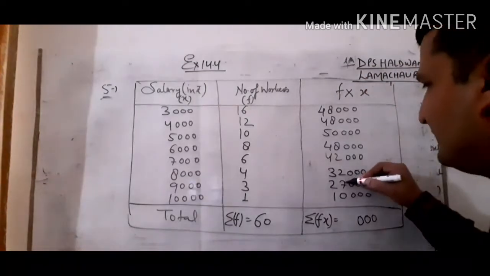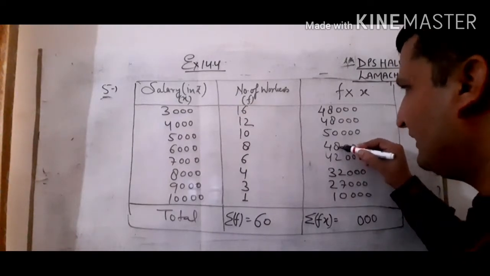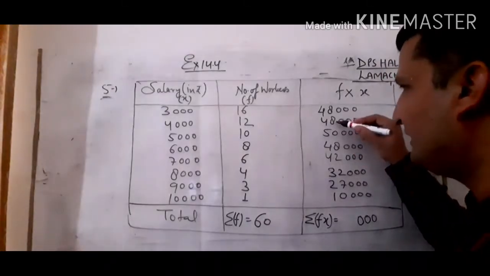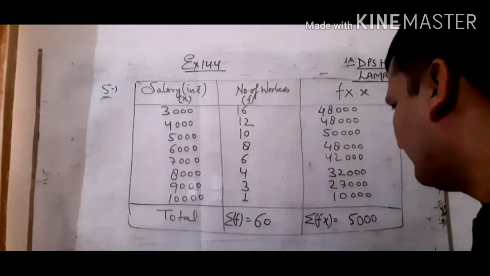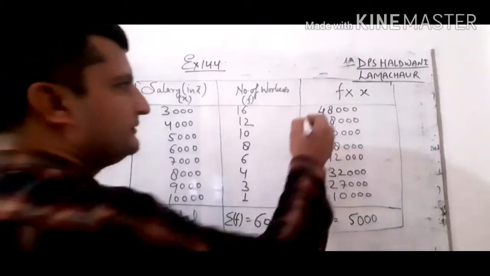And now we have to calculate: 7 and 9 is 11, 11 and 8 is 19, 19 and 8 is 27, 27 and 8 is 35. So I am writing 5 here. Now 3 is carried here.